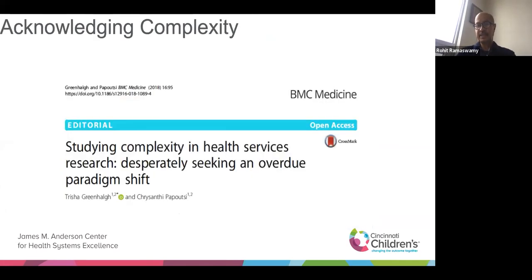There's also been a lot of work over the last few years, particularly led by Trisha Greenhalgh from the UK, around how do we begin to think about incorporating complexity in health services research.